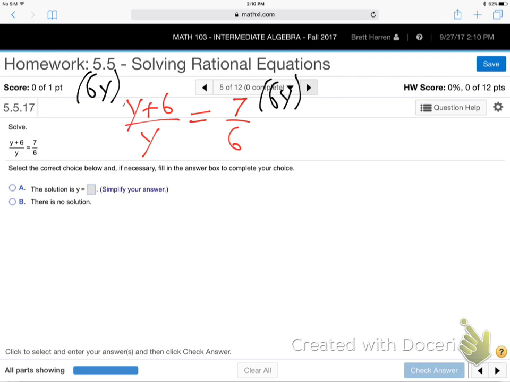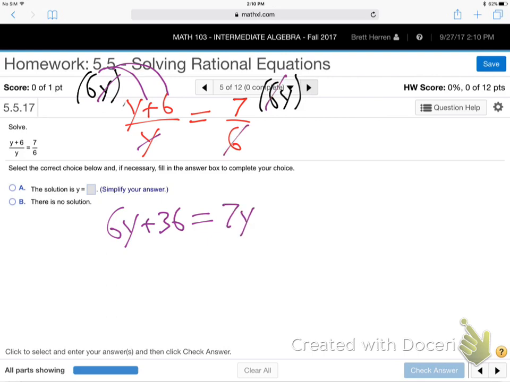So y cancels y. Good, so you cross cancel. Whatever's left over multiplies. What's left over? That 6 is going to distribute, isn't it? 6y plus 36 equals 7y, and then these 6's cancel.